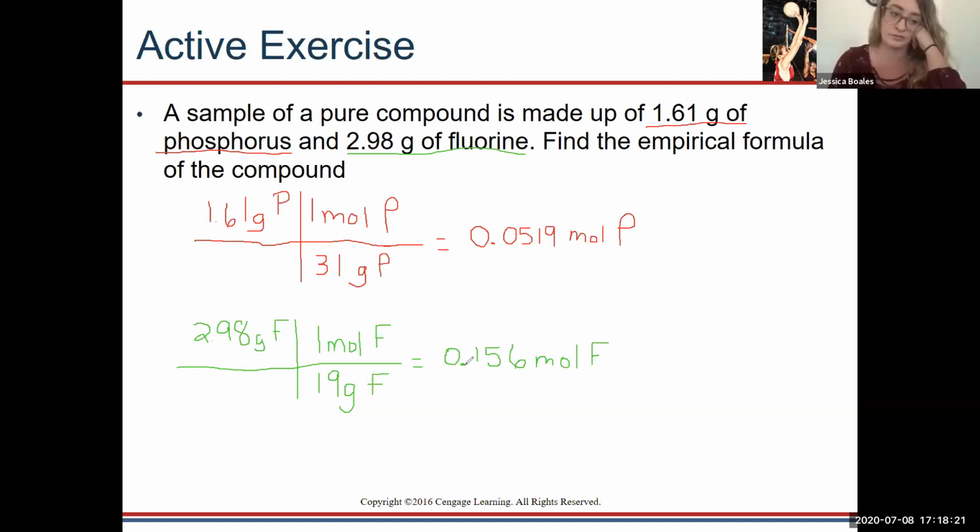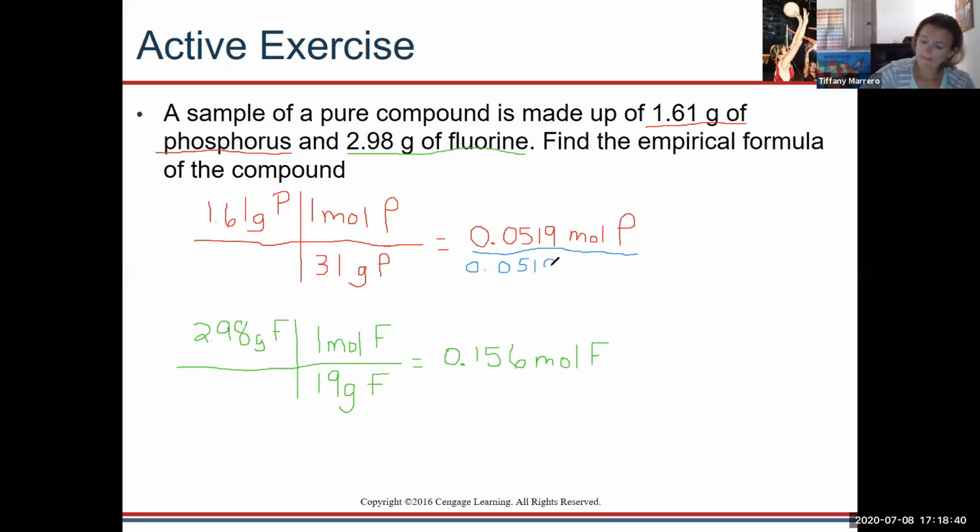Yes. So we're going to divide both of these by the smallest number. That means in terms of quantity, it's going to be 1 phosphorus.